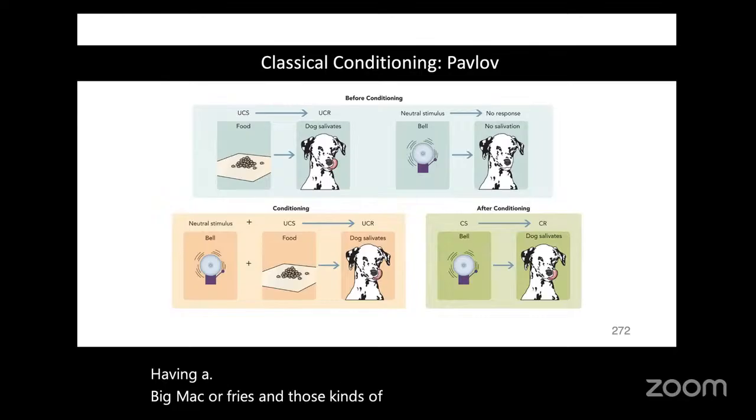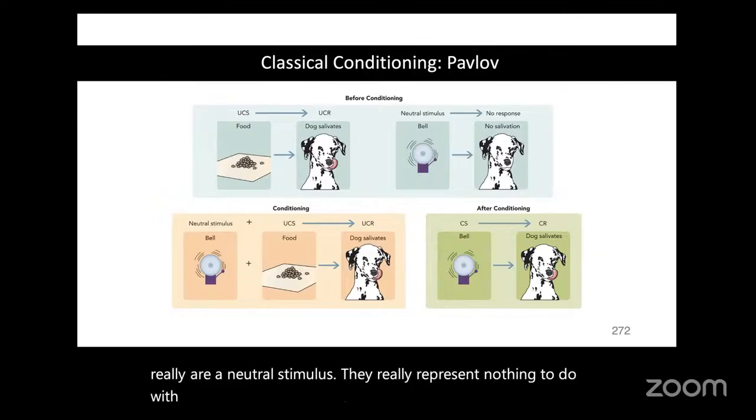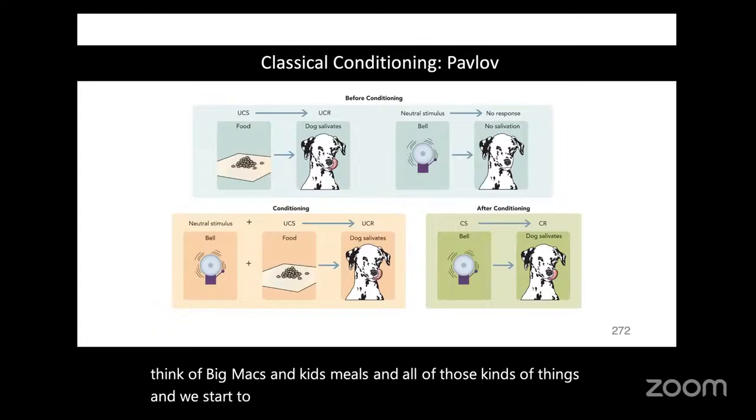Those golden arches really are a neutral stimulus. They really represent nothing to do with food, but we've associated it enough that when we see it, we think of Big Macs and kids' meals and all of those kinds of things. And if you like McDonald's, you start to salivate. Okay. And that's just an example.